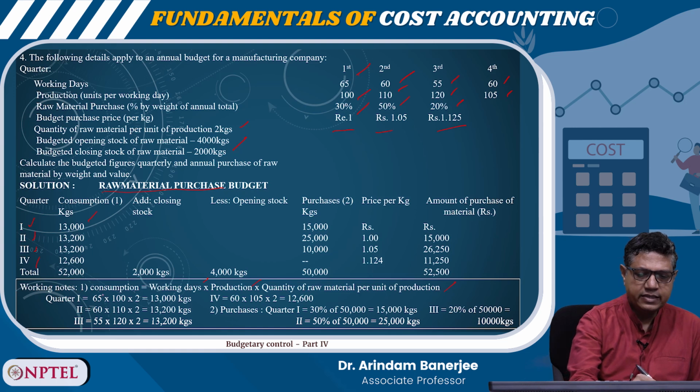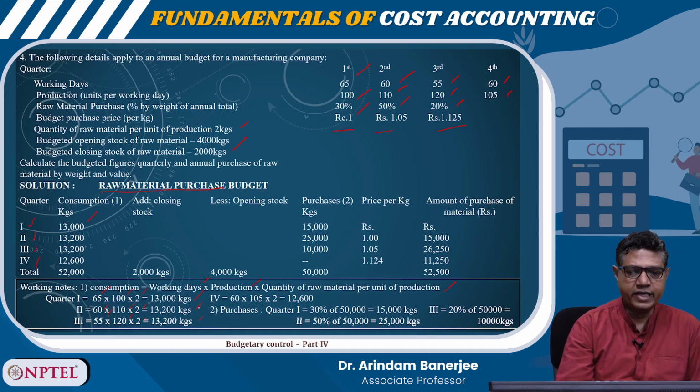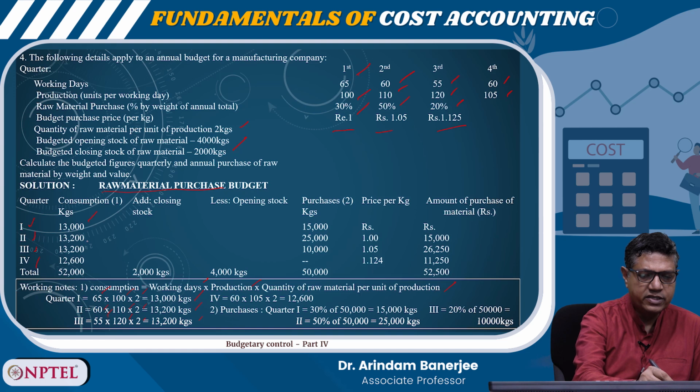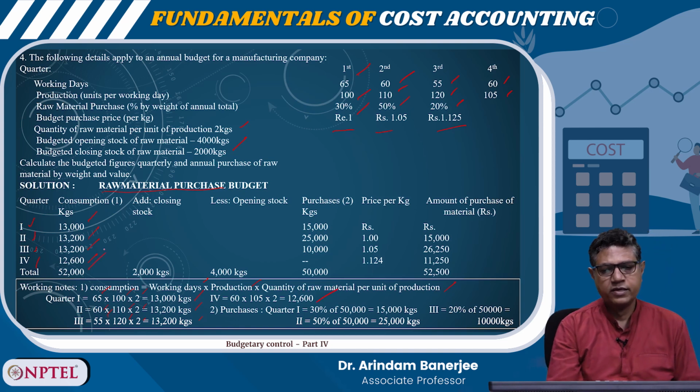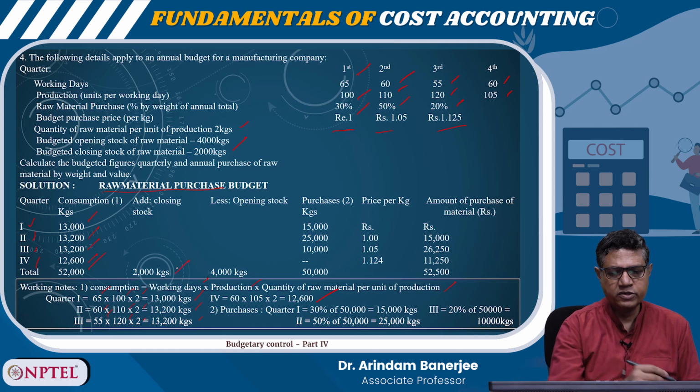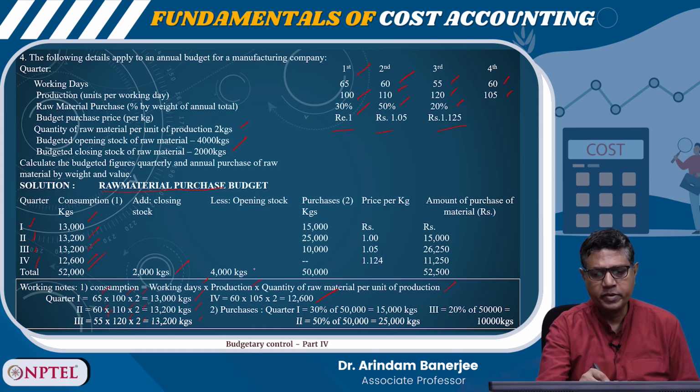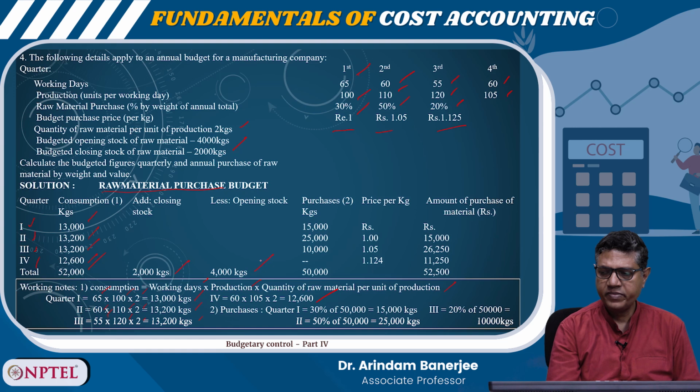So, it is 65 into 100 into 2, 13,000 kgs, 60 into 110 into 2, 13,200 kgs, 55 into 120 into 2, 13,200 kgs. So, I can write here 13,000, 13,200, 13,200, 12,600 from here, right, total 52,000. So, add closing stock, 2,000 kgs less opening stock 4,000 kgs, right.